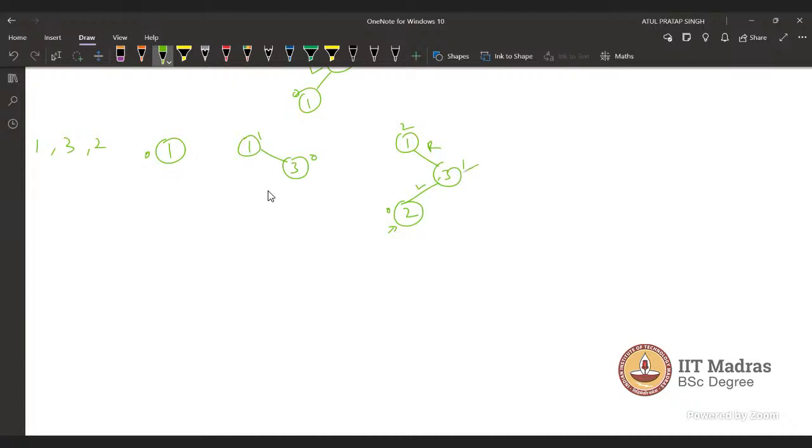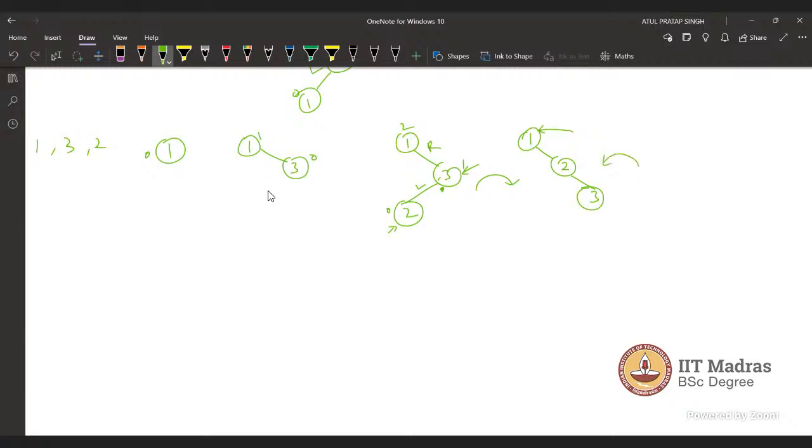The first rotation we apply on the child node, the node which has the balance factor 2. We apply the rotation on its child node first. This rotation will be a clockwise rotation at this position. After this first rotation, it becomes 1, 2, and 3, and again we apply a second rotation on the node which has the balance factor 2.